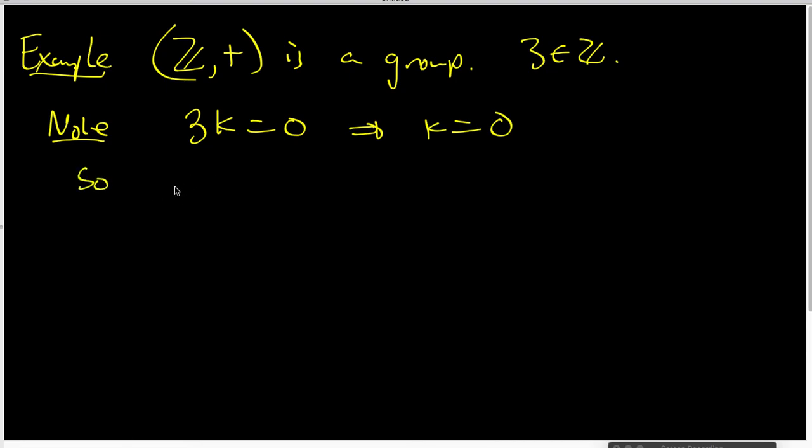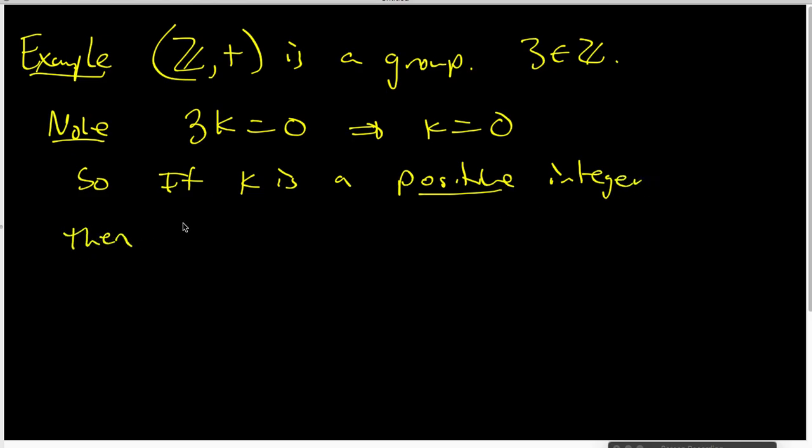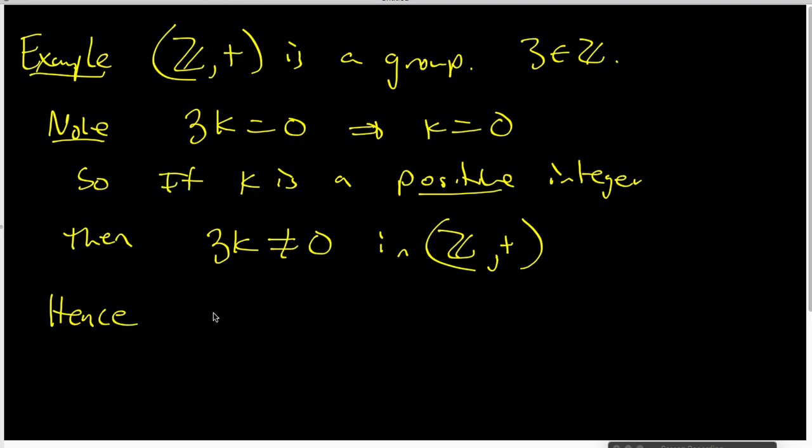So if k is a positive integer, then I know that 3k is never going to be equal to 0 inside the group of integers underneath their addition. And hence, what that tells me is that the order of 3 is equal to infinity inside the group of integers underneath their addition.